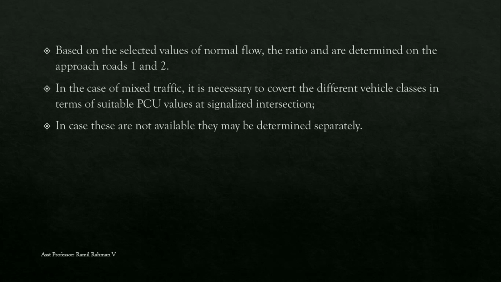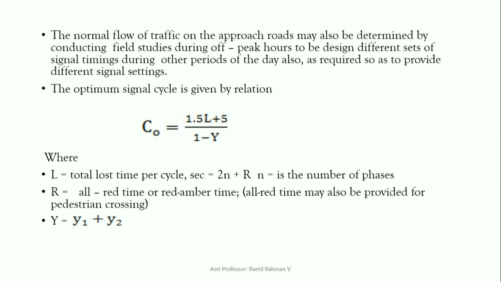In case these are not available, they must be determined separately. The normal flow of traffic on the approach road may also be determined by conducting field studies during off-peak hours, to design different sets of signal timings during other periods of the day as required, so as to provide different signal settings.